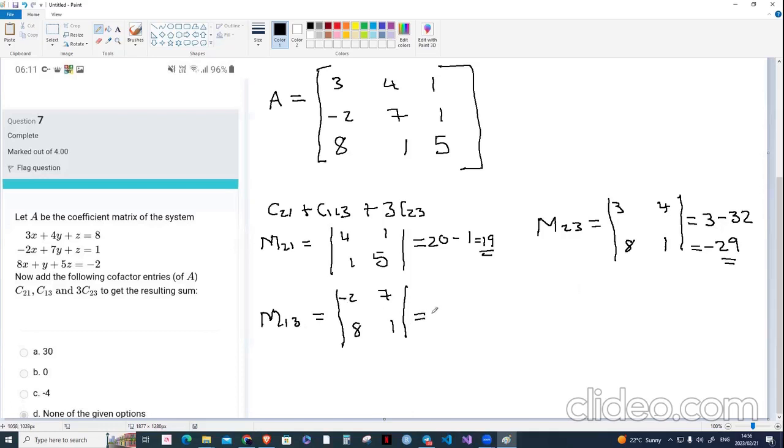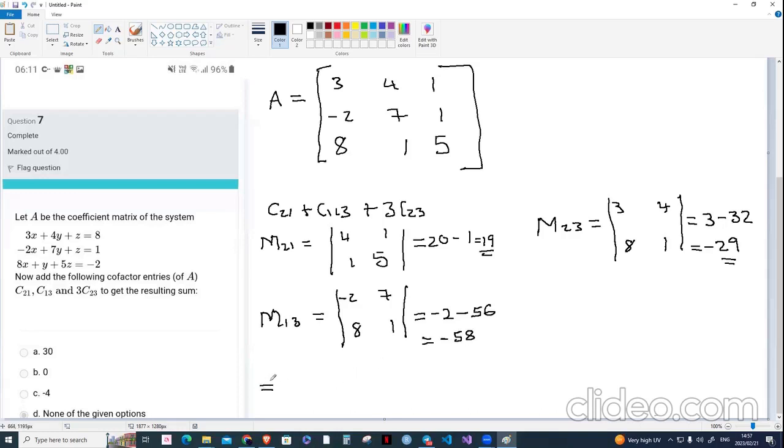Minus 2 times 1, minus 7 times 8. 7 times 7 is 49, 49 plus 7, 56. So minus 56, and this will give us minus 58.